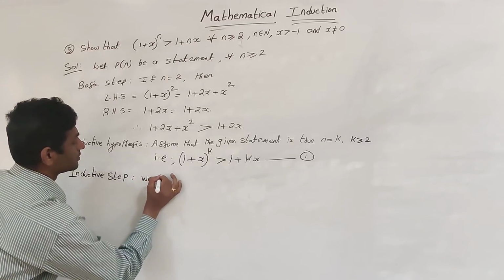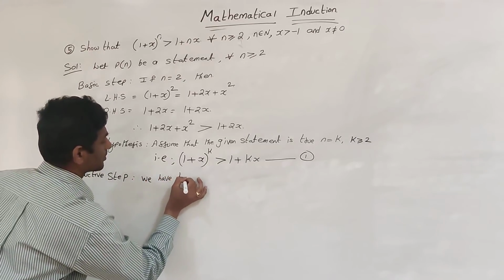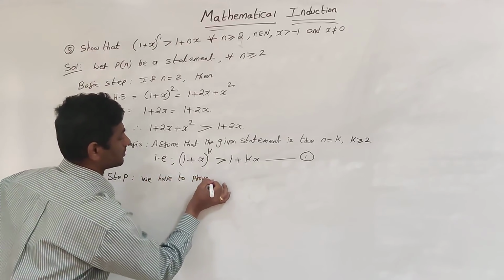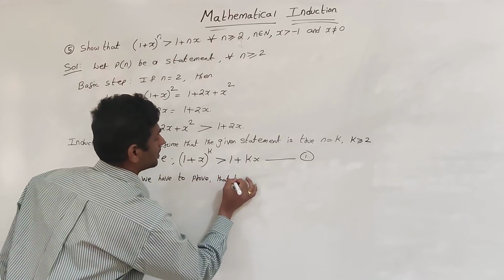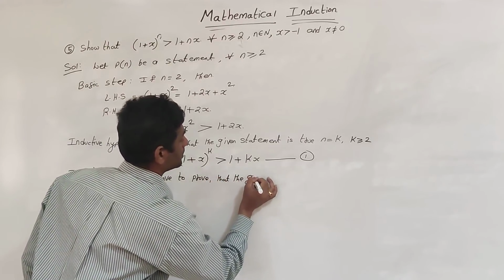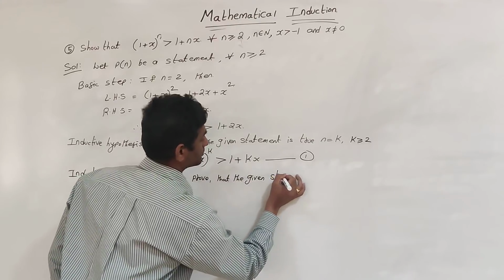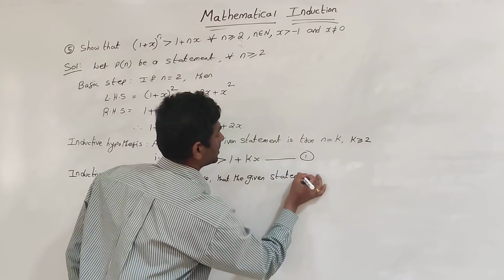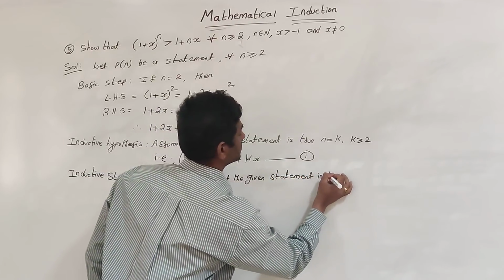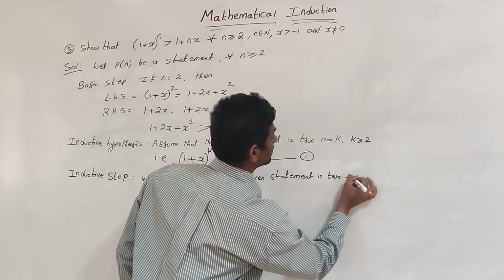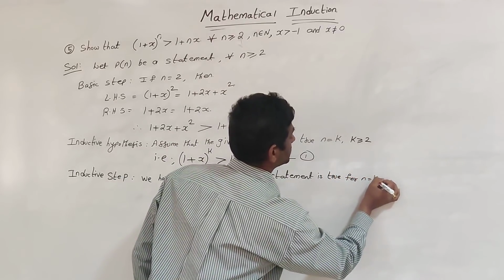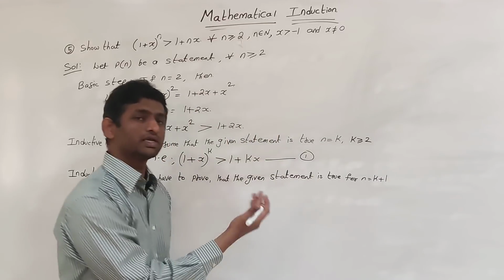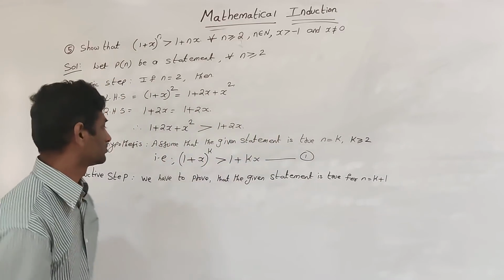We have to prove that the given statement is true for n is equal to k plus 1. So k plus 1 is also a natural number that will be greater than 2.